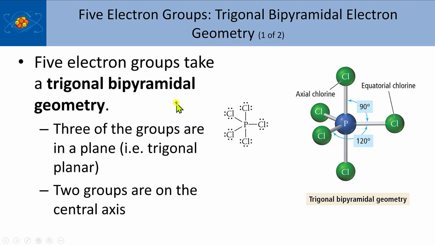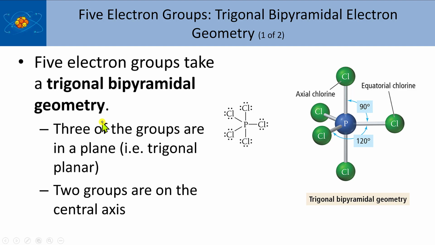So when we get additional groups on the central atom, this changes the number of possibilities for electron and molecular geometries that we get. So 5 electron groups becomes something known as a trigonal bipyramid or a trigonal bipyramidal geometry.